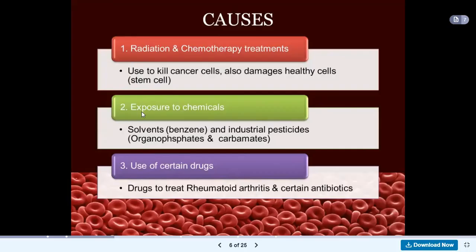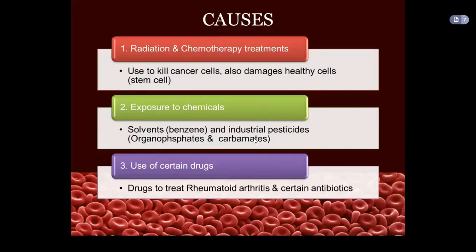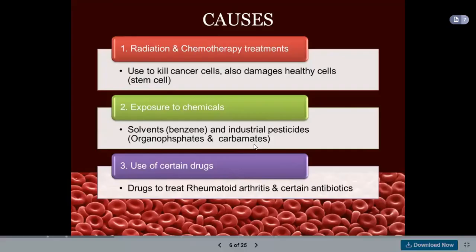Then sometimes exposure to certain chemicals like benzene, organophosphates, and carbamates. These chemicals are dangerous to the bone marrow. They cause destruction of the stem cells and prevent them from producing enough blood cells.